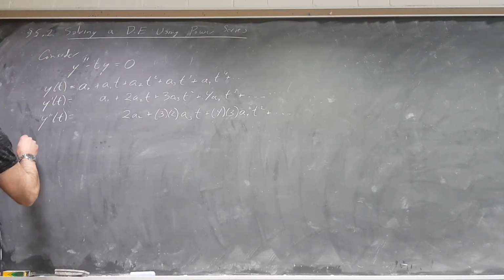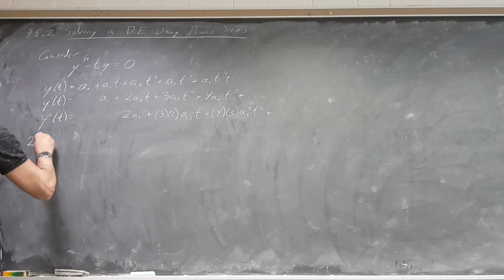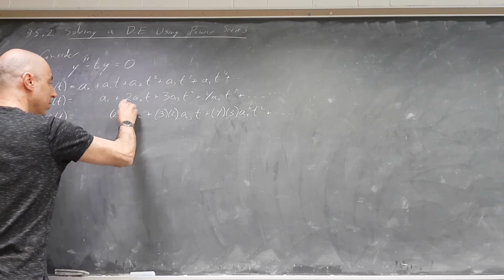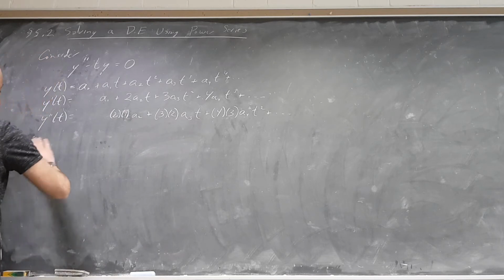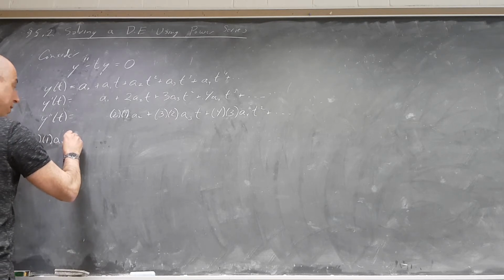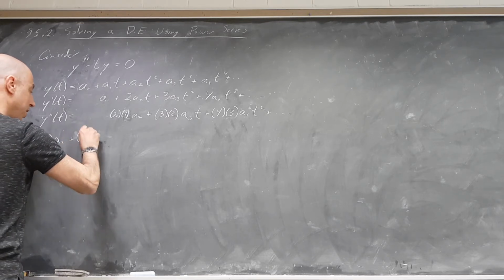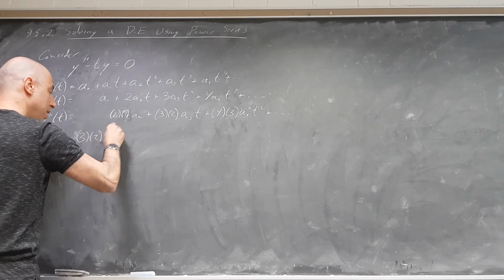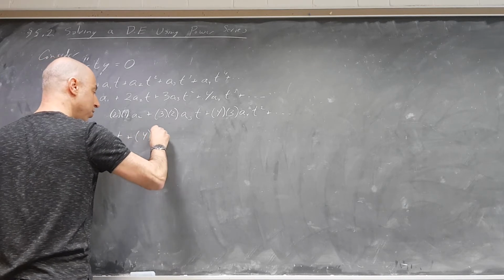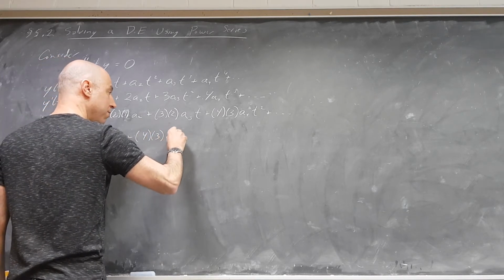So we have 2A2. Really, this is, of course, 2 times 1. I didn't write it that way, but now it looks more like the other terms. So 2 times 1 times A2 plus 3 times 2 times A3t plus 4 times 3 times A4t squared.